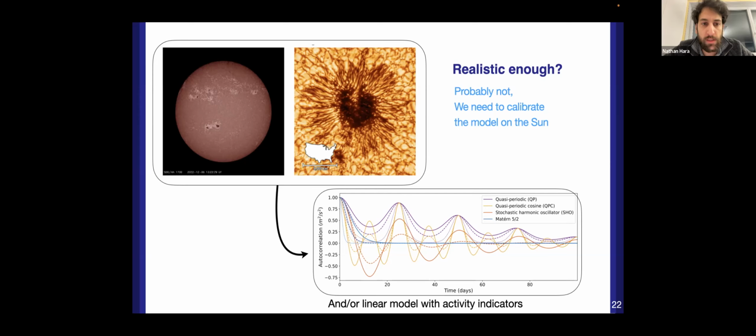So I guess there is still work to be done to calibrate our models on the sun, to leverage everything that we know on stellar physics and try to test whether we can see this behavior in the sun, and more importantly, try to derive practical analysis methods from the knowledge of the physics.